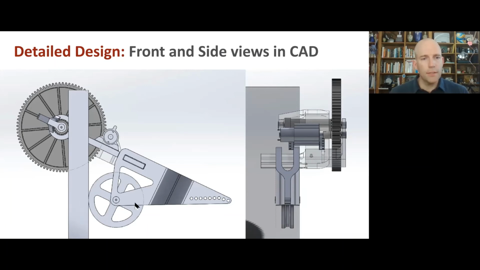We have this compressive element that's lined up with that contact point, and a little link to reduce the likelihood of buckling in that element. Here we have an enormous gear, so we can get nearly 10-to-1 gear ratio between our motor and the drive wheel, and the drive wheel is down here.